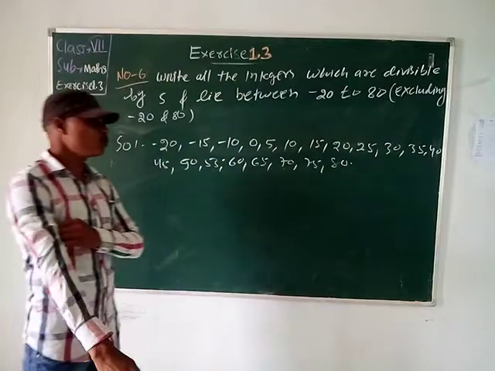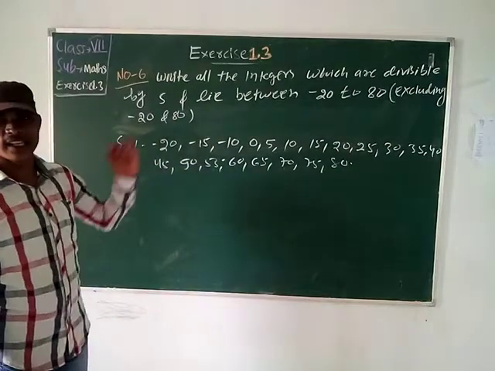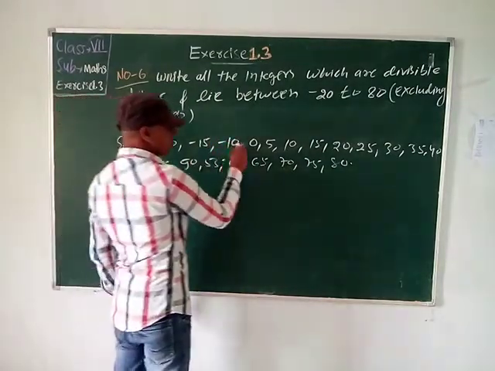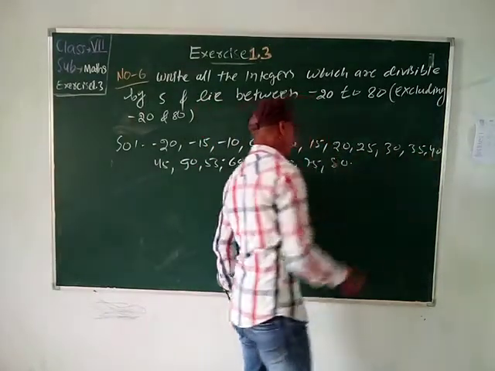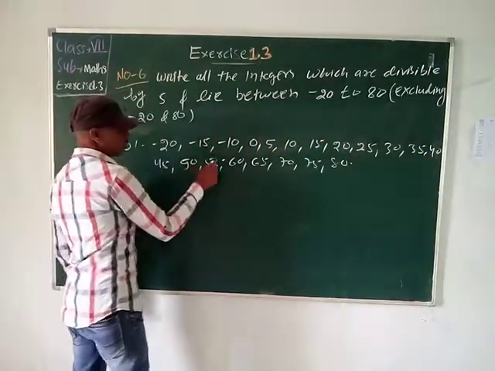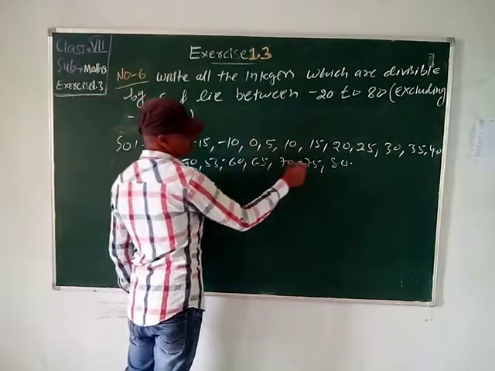Then which numbers are excluded? Minus 20 and 80. Then you can count 1, 2, 3, up to 18.